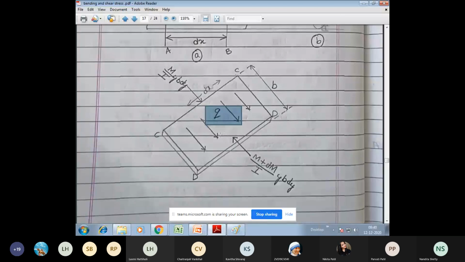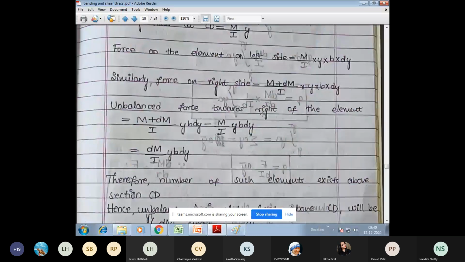Q is basically a resisting force to your unbalanced force. Q is basically shear stress. Since at the right side, M plus dM, the force was higher, to resist this the direction is taken opposite to the right side. So this is about the resisting force.